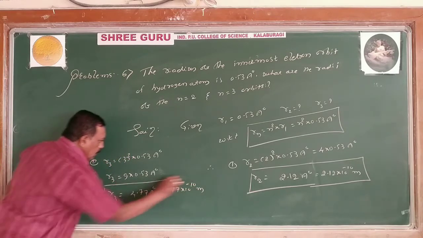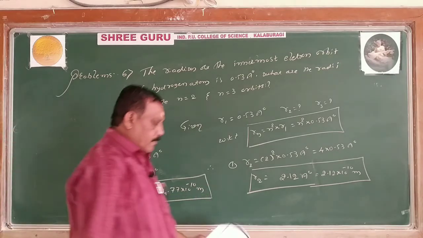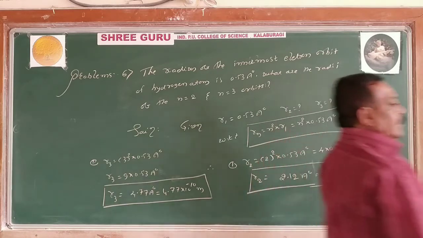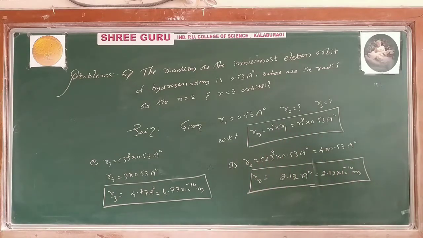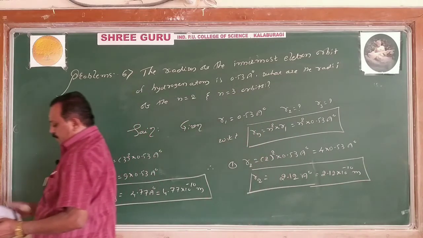Is it clear? देख लो एक बार. So second orbital radius is 2.12 angstrom and third orbital radius is 4.77 angstrom.